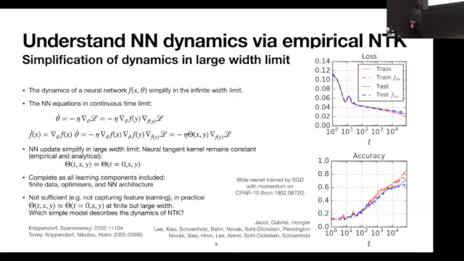And the observation is that in the large width limit, this neural tangent kernel remains constant throughout training. This is shown on the right, where these plots are taken from earlier papers, to compare this with actual neural network dynamics.